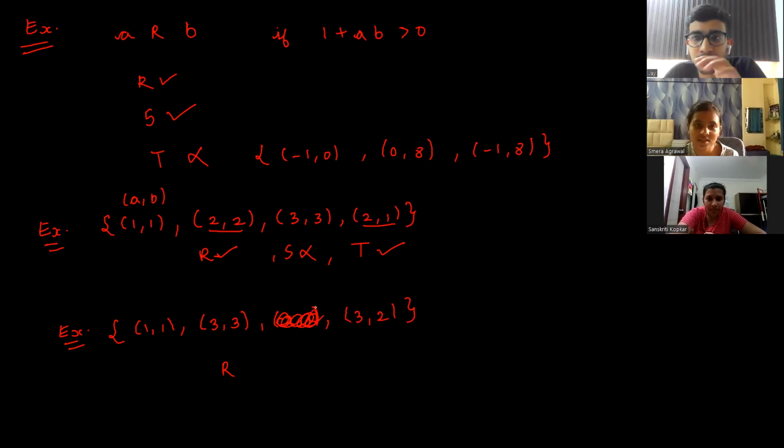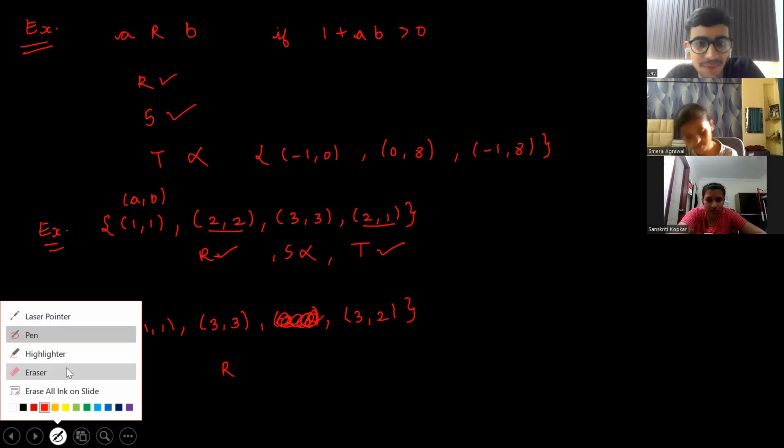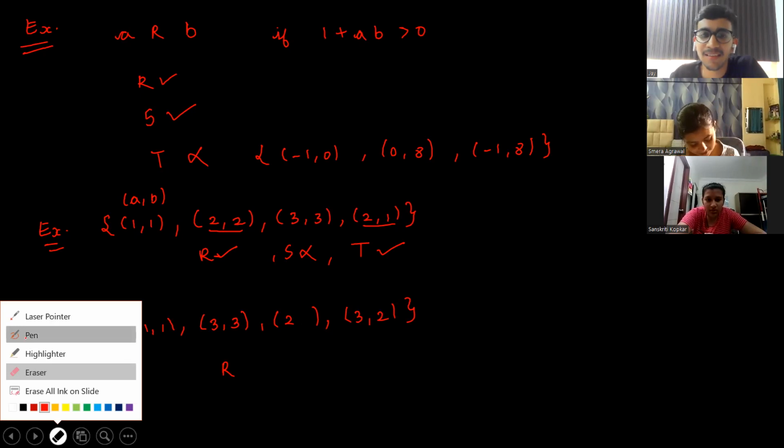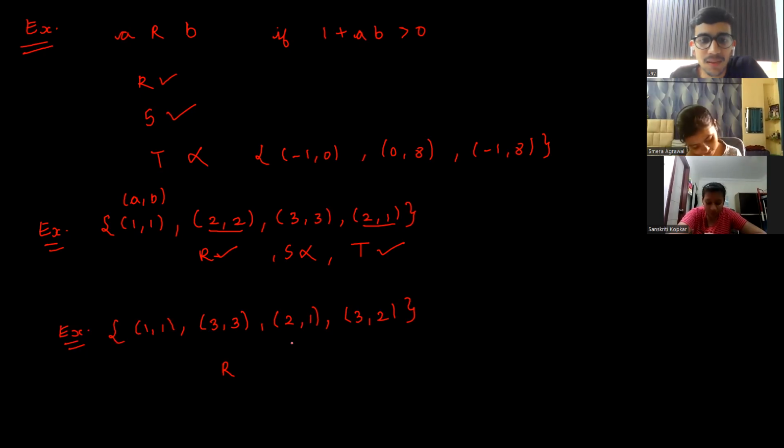Yes. ठीक है, समझ आ रहा है ना कि वो 2 होना जरूरी है. मतलब अगर 2 A वाले सेट में है, then 2 comma 2 has to exist. ठीक है, what was the number behind this? I forgot. 2 comma 1. That's right. Yeah. Nice. 2 comma 1. So Sanskriti, correct. It's not reflexive. What about symmetric?